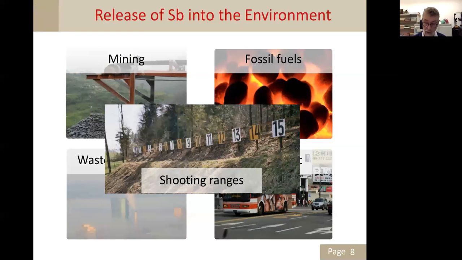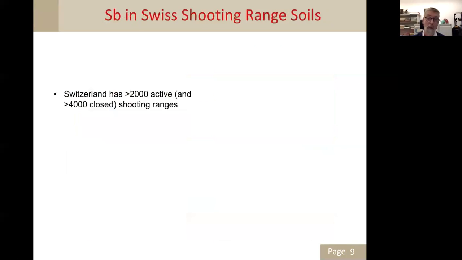And this is, as I said, the main problem at the moment related to antimony in Switzerland, but also in some other countries like Norway or the US, which apparently have a lot of shooting.